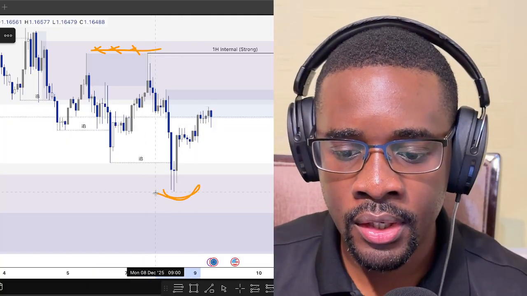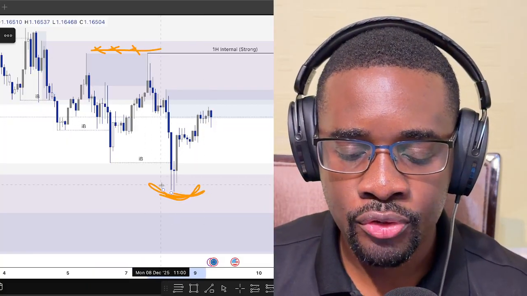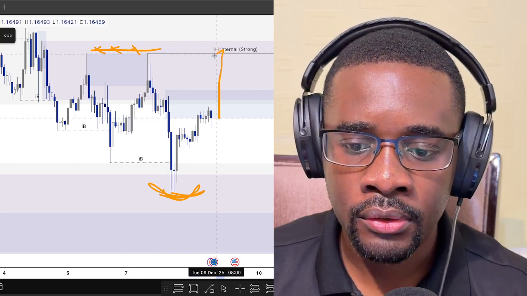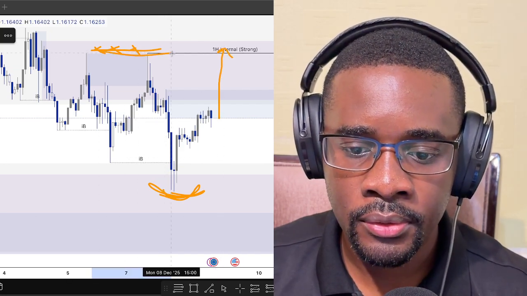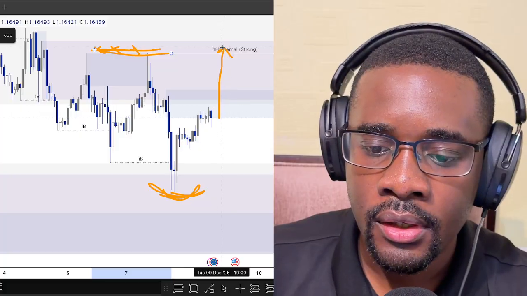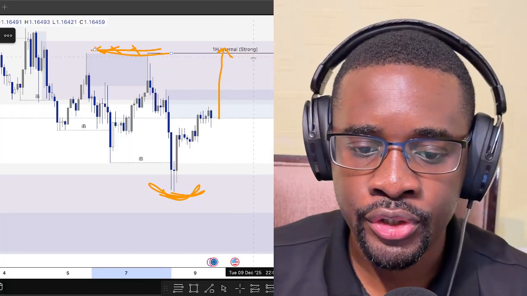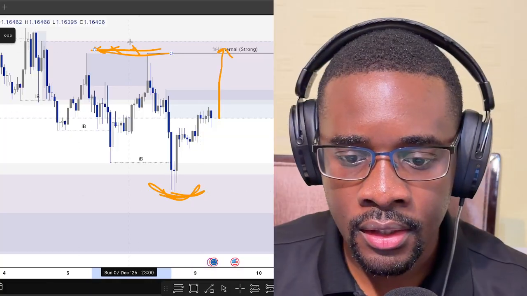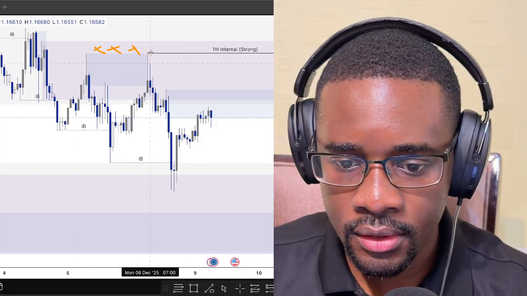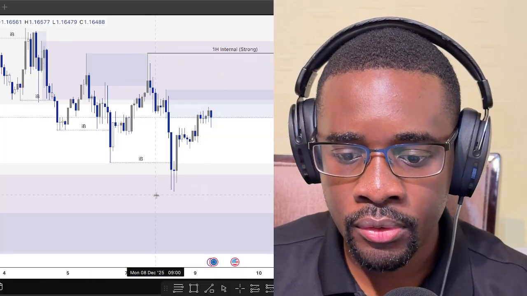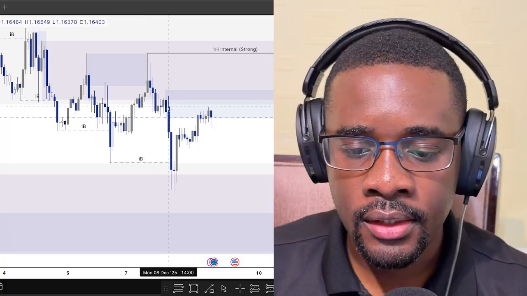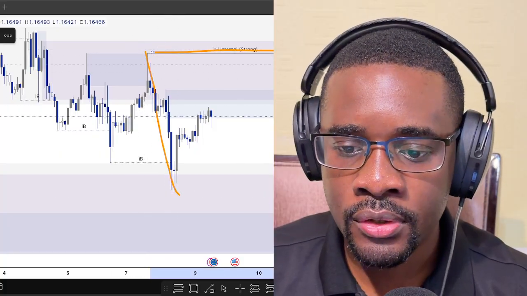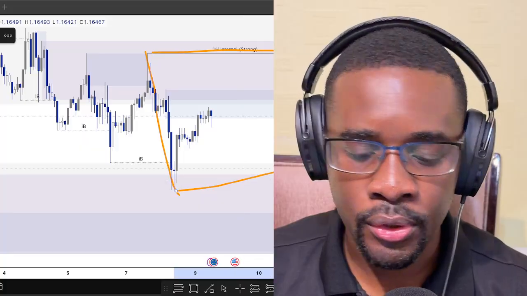Now this could be the switch from bearish, and then we're going to go on and take this liquidity, and then switch to bullish. But as it stands, the trend on the 1 hour, at least the internal trend, is bearish, and this is our strong high, this is our weak low.